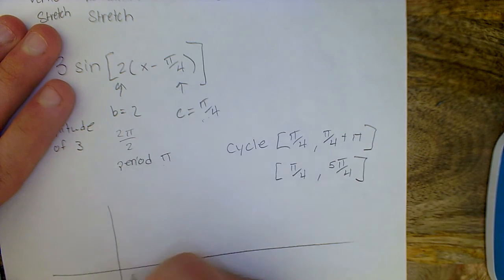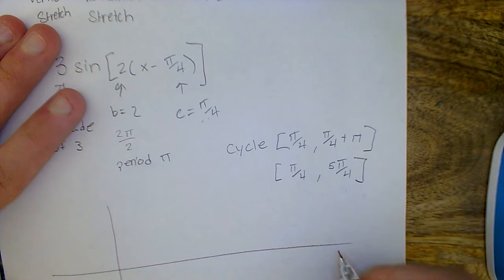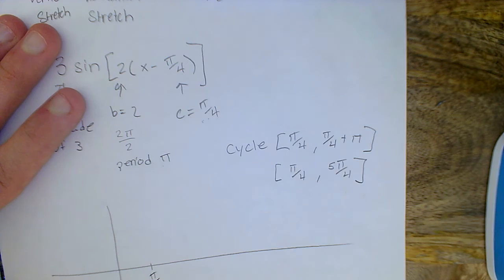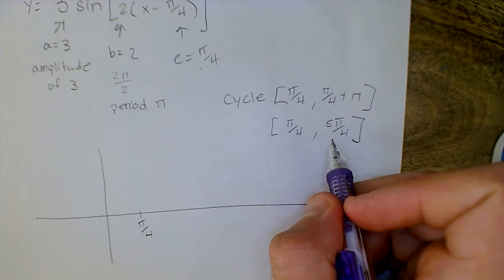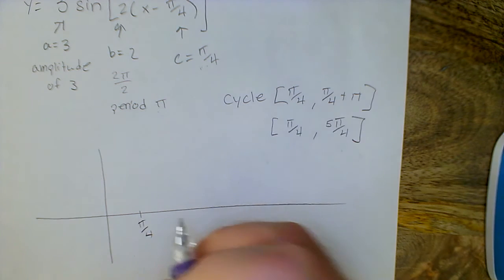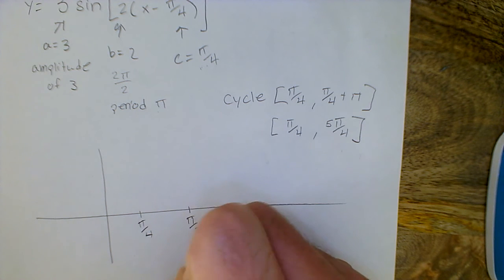All right, so let's draw our graph. We need pi over 4. And then another thing you can do is divide this interval into 4 equal parts.